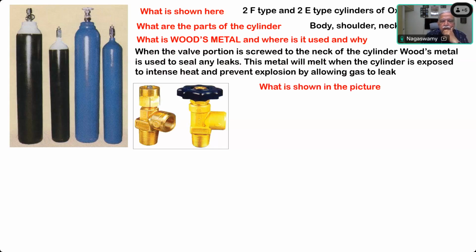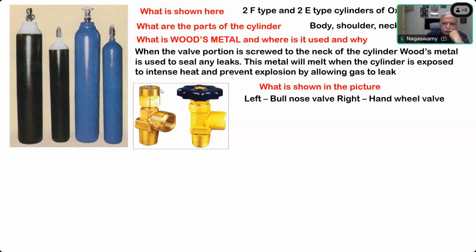What is shown in this picture? See, this is the screw thread which will go into the neck portion for fitting. The left is what is called the bullnose valve.